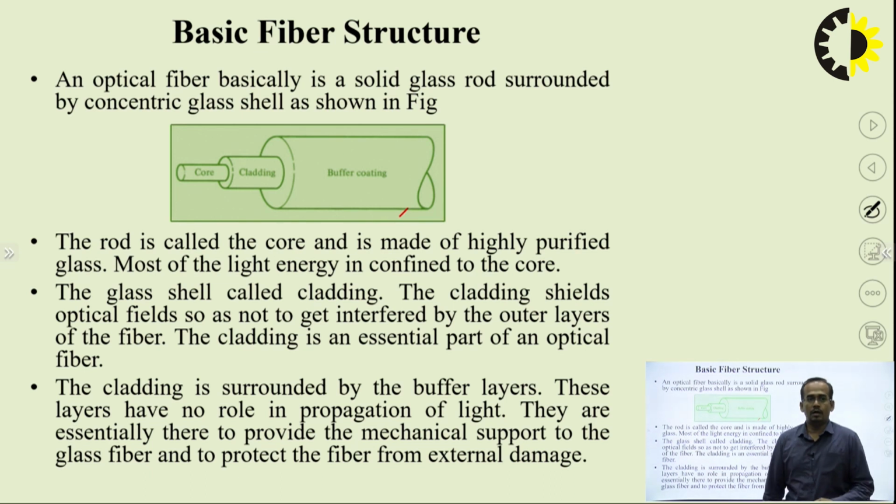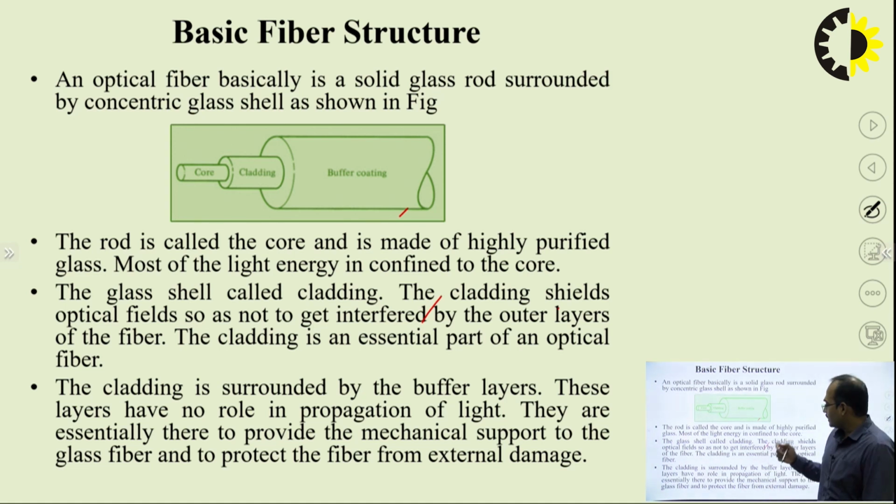This rod is called the core and is made of highly purified glass. Most of the light energy is confined to the core. The glass shell by which the core is surrounded is called the cladding. The cladding shields the optical fields so as not to get interfered with by the outer layers of the fiber. So the cladding is an essential part of an optical fiber.